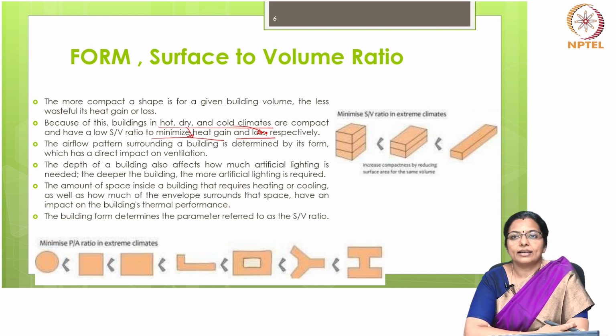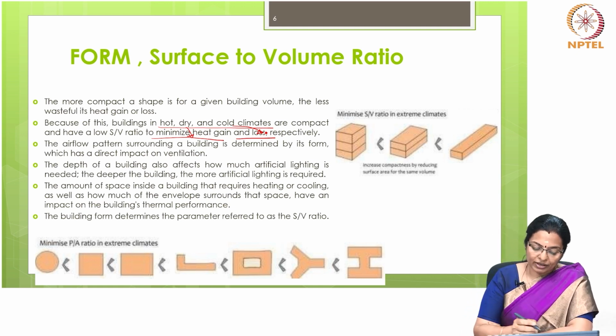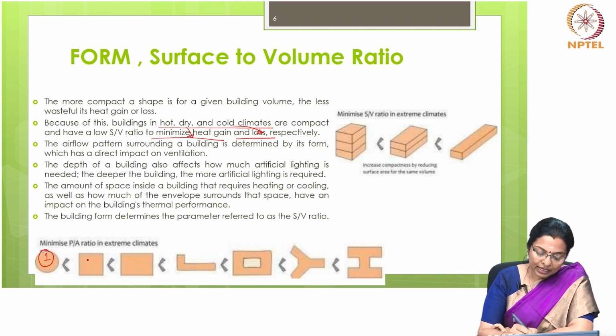The airflow pattern surrounding a building is determined by its form, which has a direct impact on ventilation. So, if we look at the perimeter to area ratio in extreme climates, you can see that the minimum perimeter is for a circle and then it increases to a square.